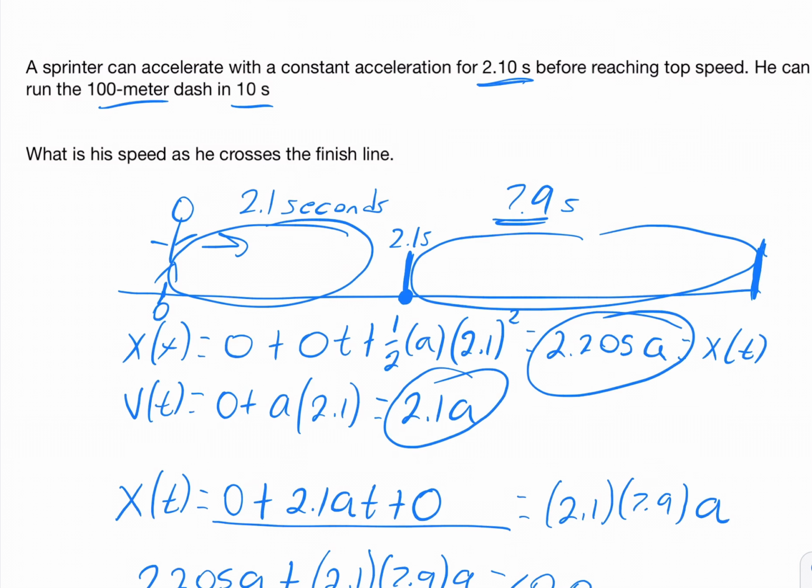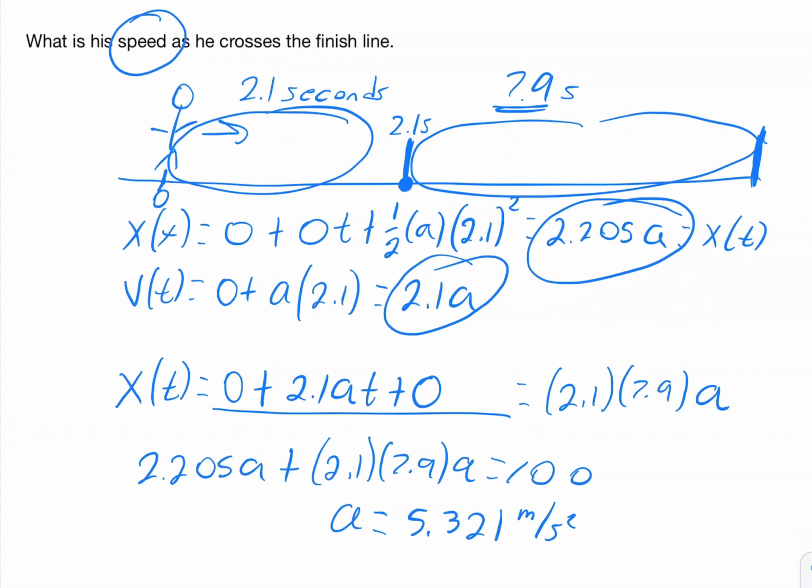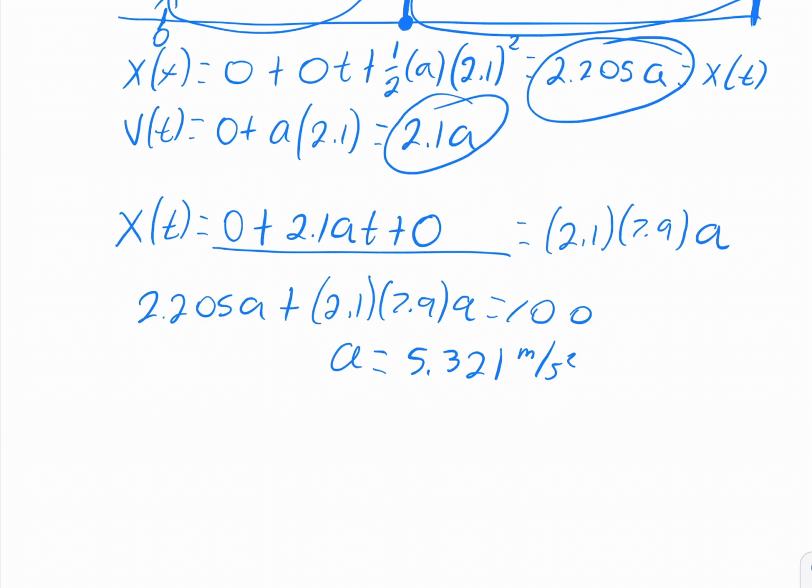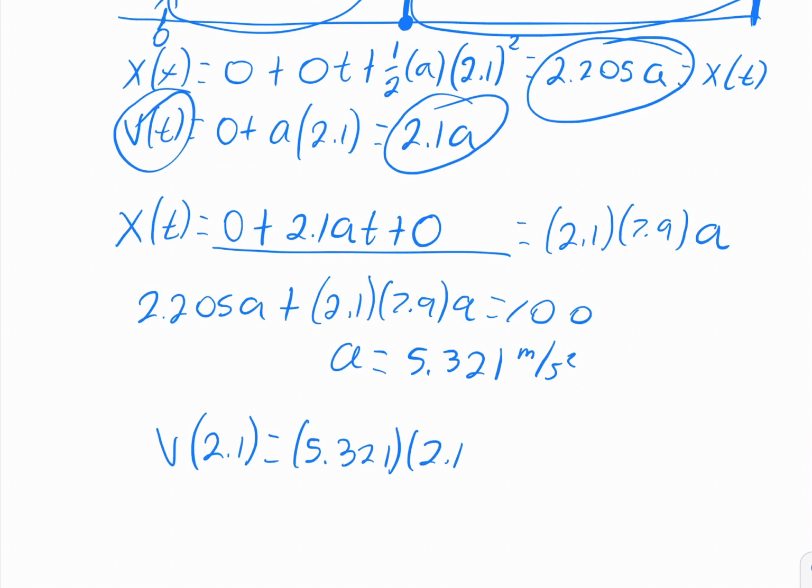From here, I'm actually able to figure out the speed as he crosses. Once he finishes accelerating, he's going to have a constant velocity to the finish line. So we can take the velocity right at 2.1 seconds, that is v of 2.1, is equal to 5.321 times 2.1.